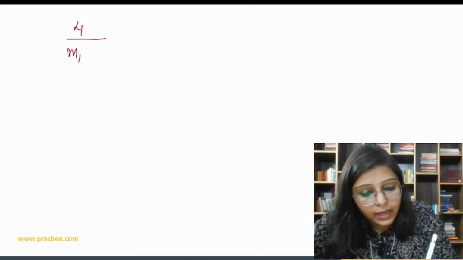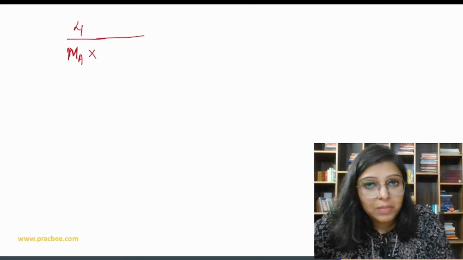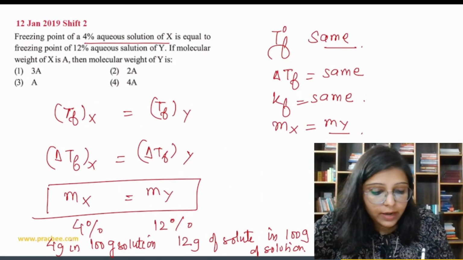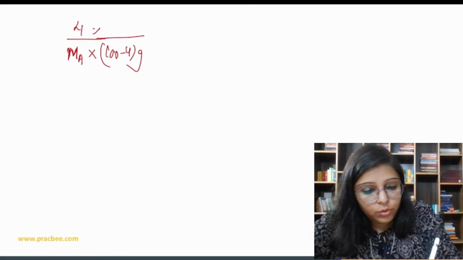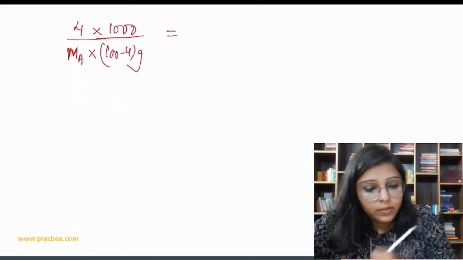So it means we have to find out molality. It means 4 gram divided by molar mass of X, capital Ma, into mass of solvent. So mass of solvent is 100 minus 4. It is in gram, so multiply this with 1000.